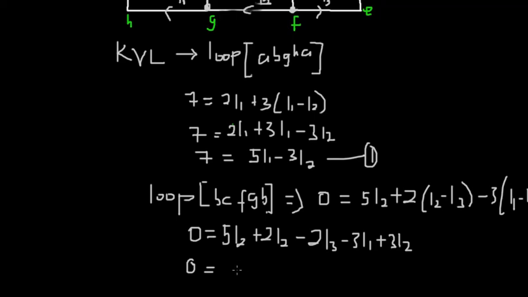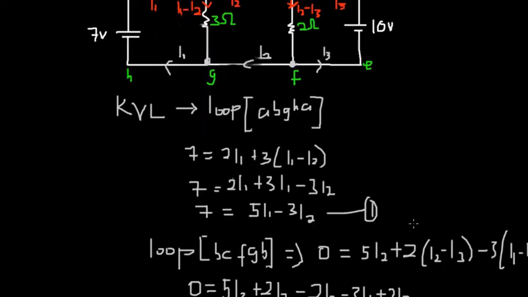So we have 5I2, 2I1 from here, 5I2, 2I2 minus 2I3, and then we have 3I1 minus 3I2. Now let's check over here. We have a certain 2I2.